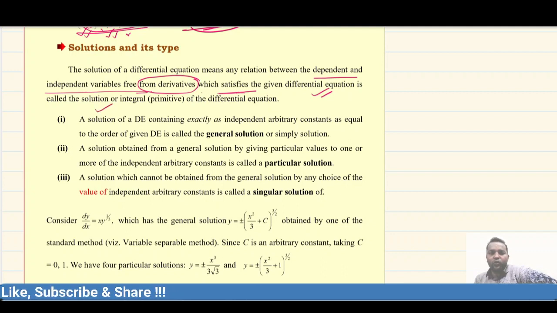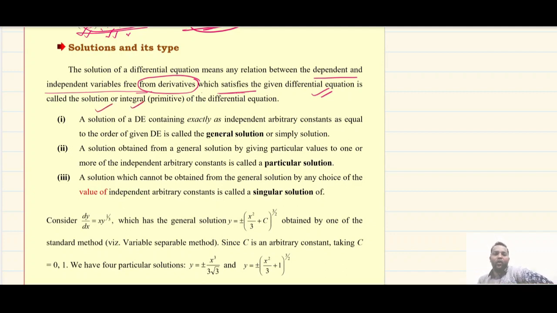It is said to be a solution, or integral, or primitive of the differential equation. So a solution means any relation between the dependent and independent variables which does not have any differential coefficient and satisfies the given differential equation.